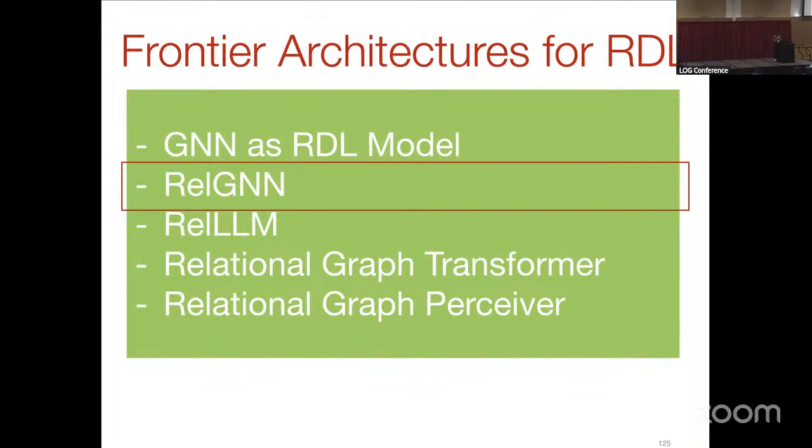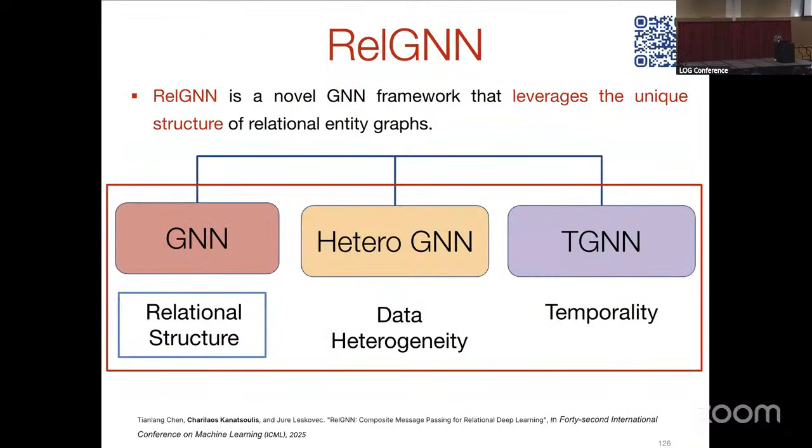Having said that, we still have a lot of avenues to improve, and there's an architecture that our team developed, which is RelGNN, that tries to look more deeply into how the relational structure can be leveraged, and it may connect to some of the discussion points earlier.